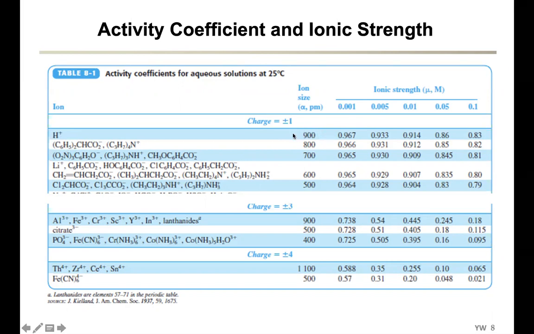The ion size is 900, and the ionic strength we had is 0.1 molarity. So it's 0.83. Our calculation shows the same result as the table. You can go ahead and practice with other concentrations or other ions, and then compare with the table to double check the formulas in your Excel sheet.